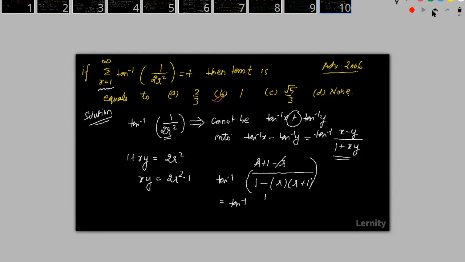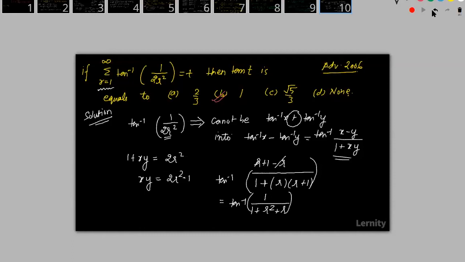So you will have tan inverse of 1 upon 1 plus r into r plus 1. So this will become 1 plus r square plus r, right? So this is not getting us what we wanted.